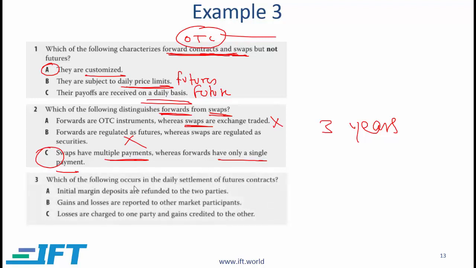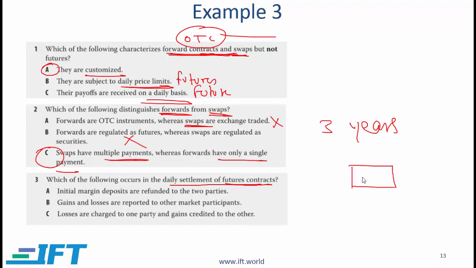Next, which of the following occurs in the daily settlement of futures contracts? Initial margin deposits are refunded to the two parties. Gains and losses are reported to other market participants. Losses are charged to one party and gains are credited to the other. I did not cover this over here because you will see this material later, but since this has come up in a curriculum example, I'll just briefly mention a little bit more about futures contracts.